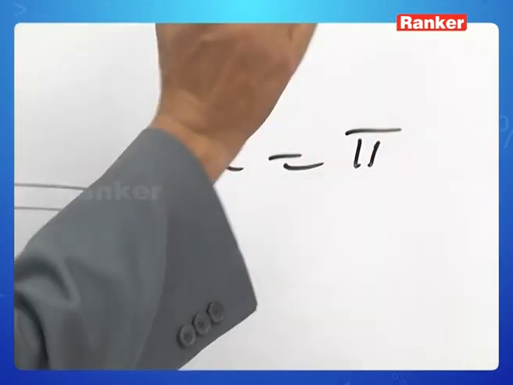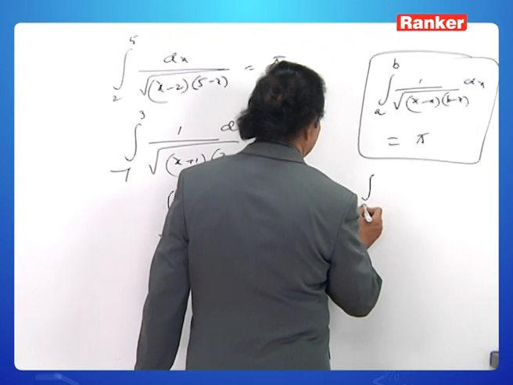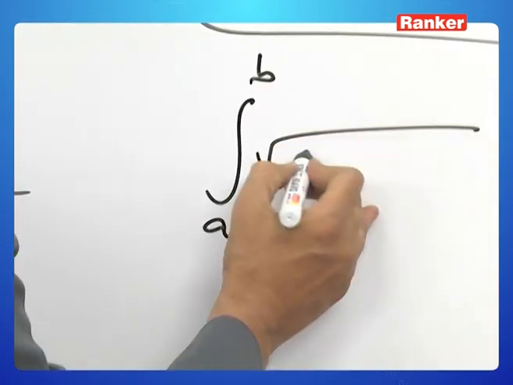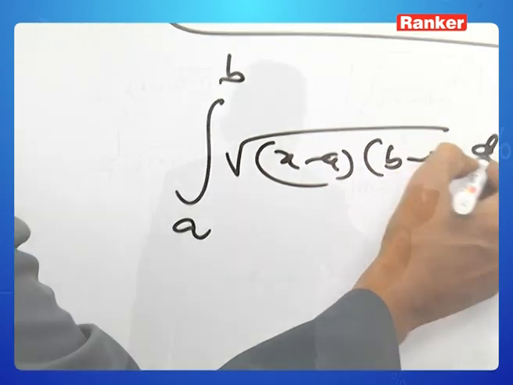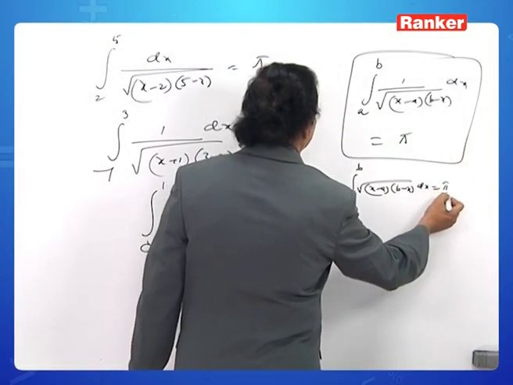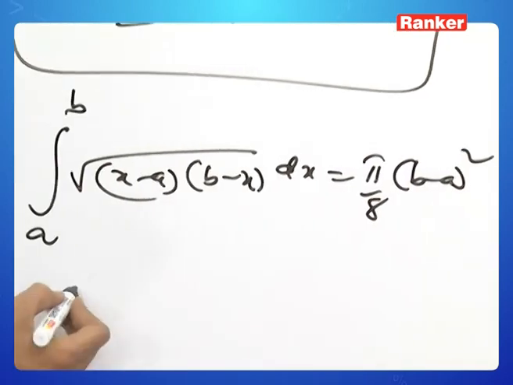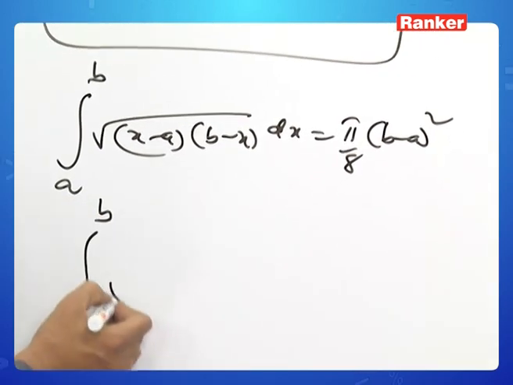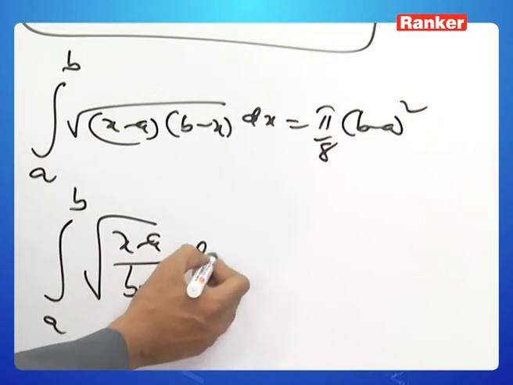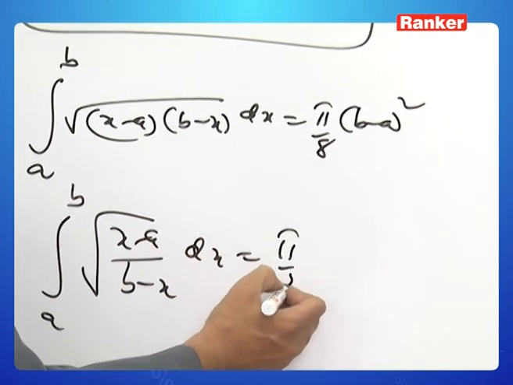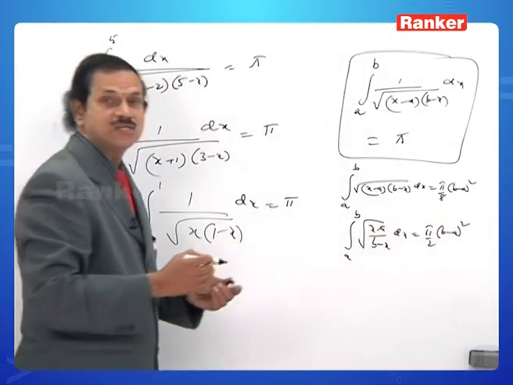Well, this formula and the previous formula, that is integral a to b root of x minus a into b minus x dx is equal to pi by 8 into b minus a whole square, and the very first formula of this sort, integral a to b root of x minus a by b minus x dx, all these formulas can be derived by using a standard substitution.